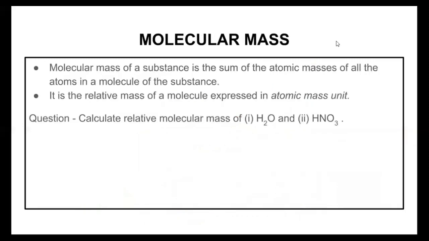Molecular mass of a substance is the sum of the atomic masses of all the atoms present in a molecule of the substance. And it is the relative mass of a molecule expressed in atomic mass unit.